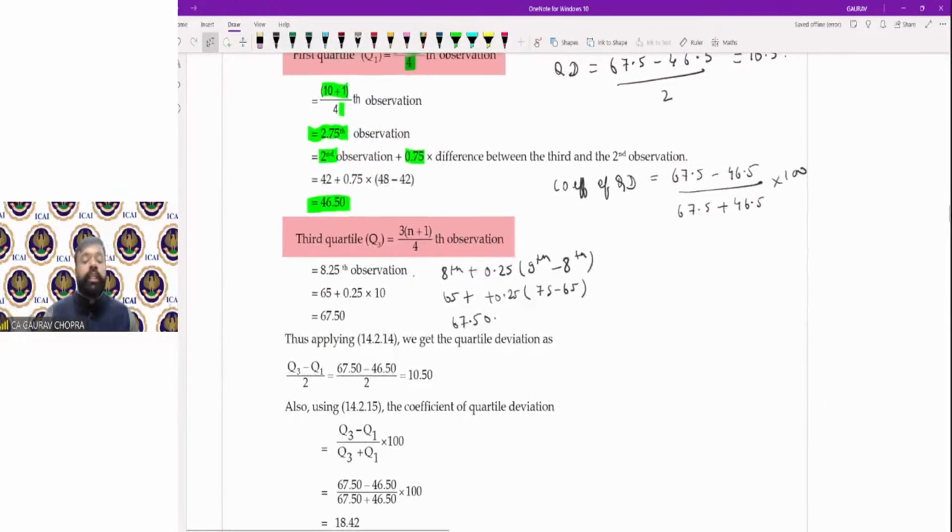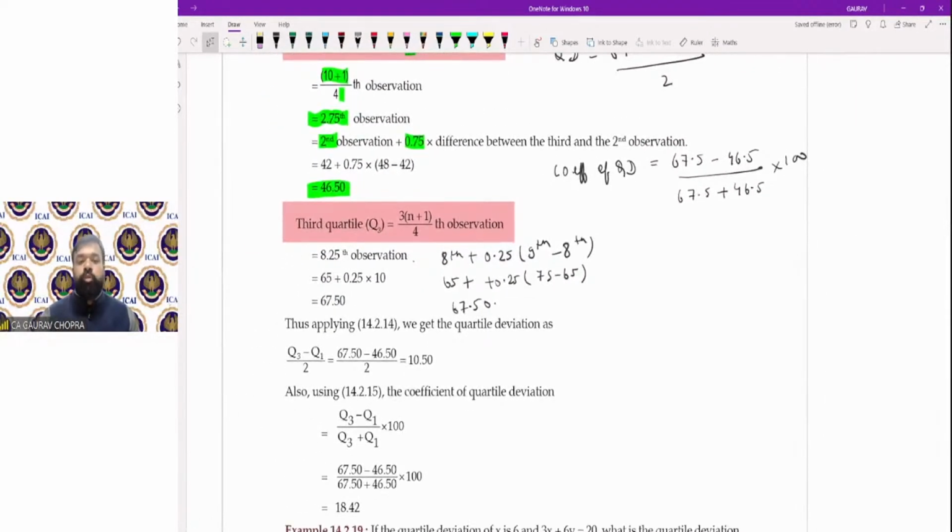So you can calculate this and get the answer for the coefficient. Okay. So how much is the answer? 18.42. 18.42 is your answer.